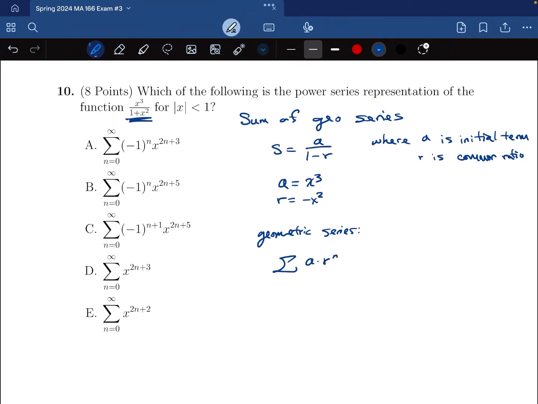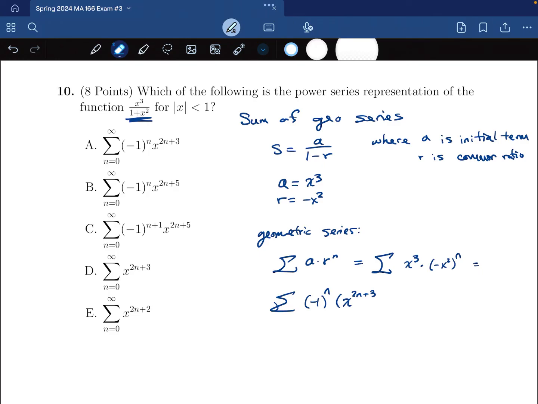So what I can do now, a is x cubed times -x squared to the power of n, and if I simplify this, I get -1 to the power of n times x to the power of 2n plus 3, from n equals 0 to infinity.